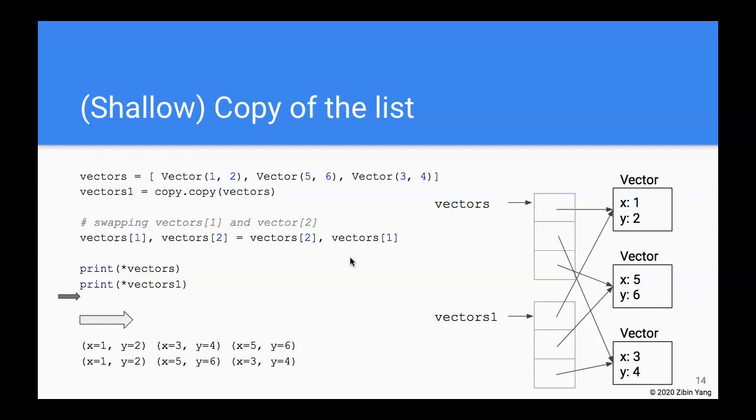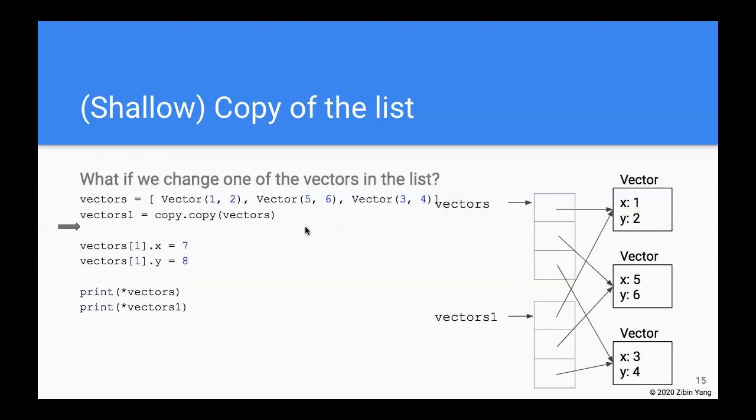Now, what if instead of changing what an element in the list points to, we change an attribute of that element? So in other words, let's say we look at the vector at index 1 of the list of vectors, and we change the x and y's.